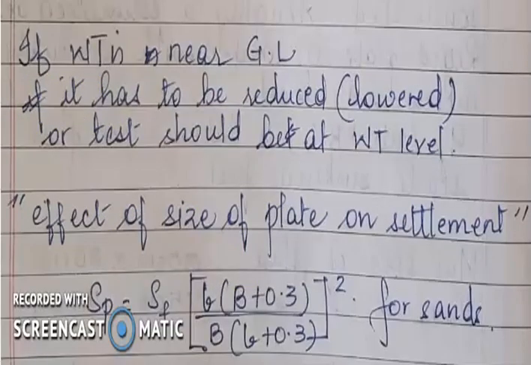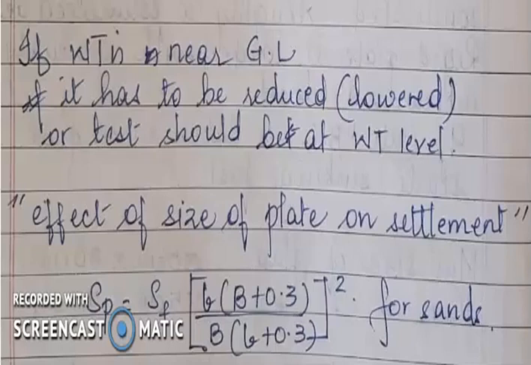Now moisture content will affect bearing capacity, just like any other geotechnical property. That's the reason you need to identify where the water table is. If it is very high, let's say the water table is very close to your ground level and your founding level is a little below, then you have to see to it that the water table is brought to the level of foundation.